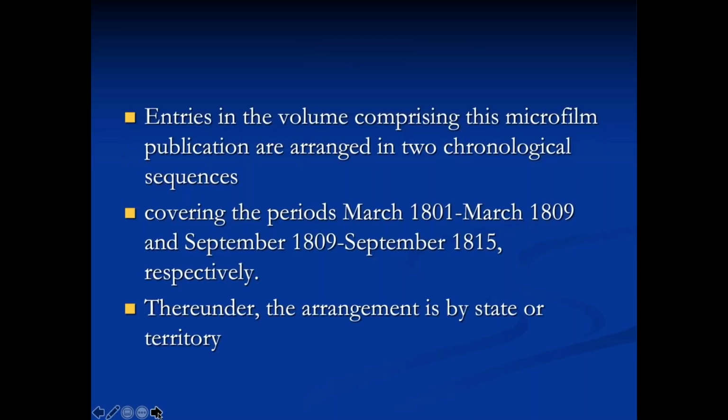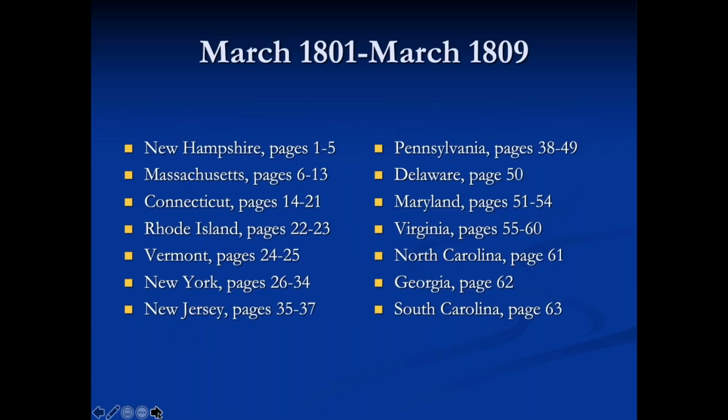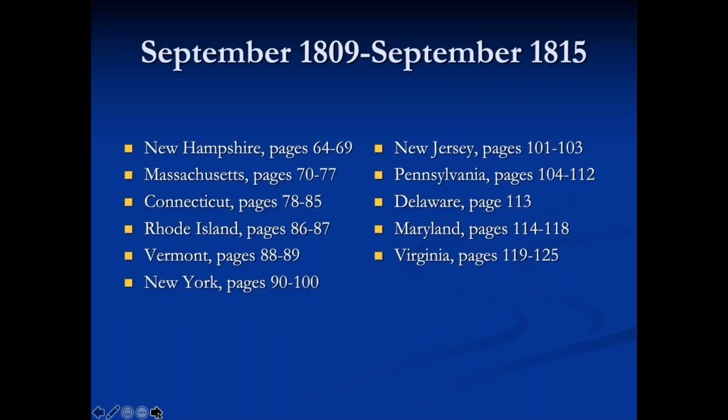They are basically in two sets, 1801 to 1809 and 1809 to 1815. They're arranged by state and territory, so it may be better to go and browse so you don't have to rely on Ancestry's indexing to see them, but each state has certain pages, and the finding aid to these will in fact identify that for you. And this is the second set.